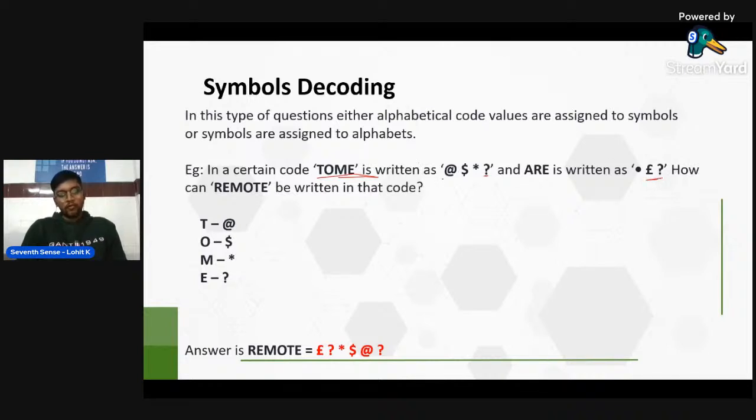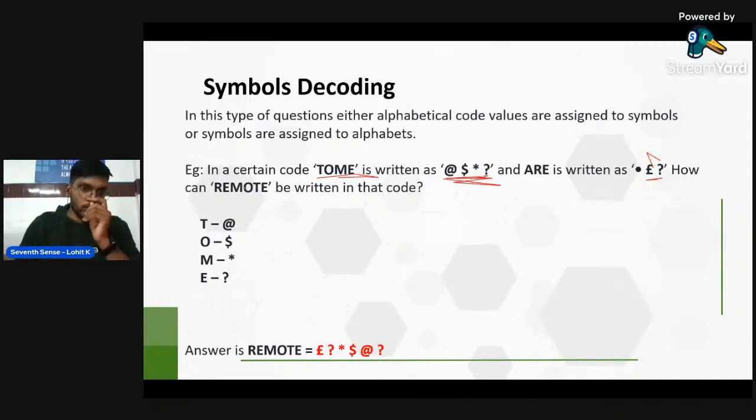That means you can follow the sequence now: T is represented as at the rate, O as dollar, and M as star. If the question mark had been in the second position instead of the third, you wouldn't consider the sequence. You would have to calculate what the pattern could be, meaning what the symbol is for each alphabet. That example we'll also see here.